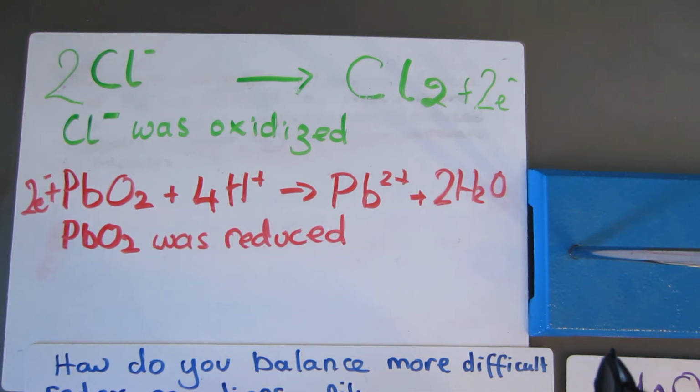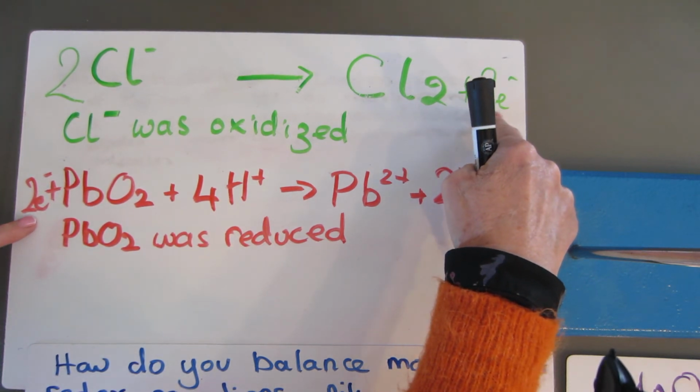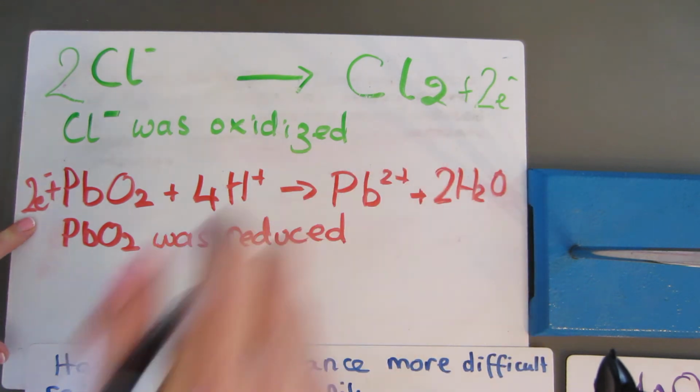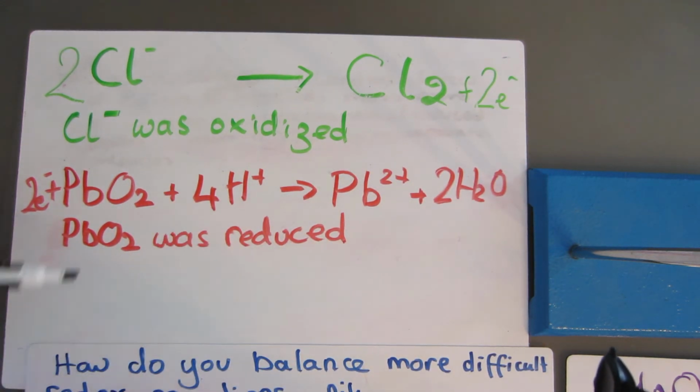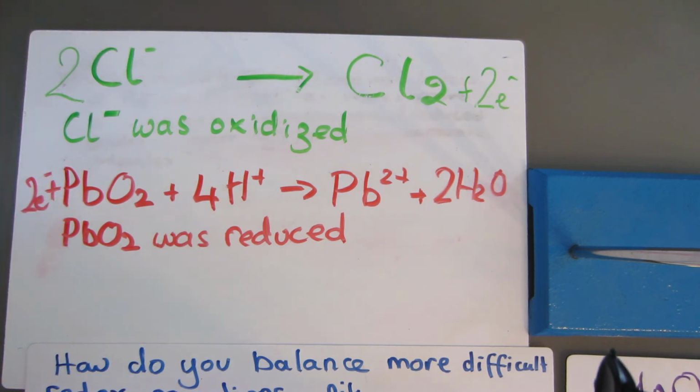So can you see how we could come up with the overall ionic equation? Remember what I want to have? I want the electrons on both sides of the equation to be the same. So you ask yourself, are the electrons on both sides of the equation the same? Yes. So what is my overall equation going to be? Write down the reactants from both half equations.